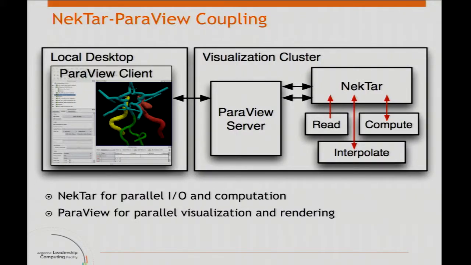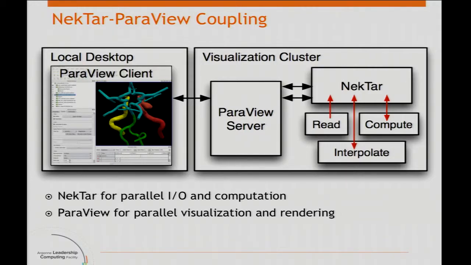Originally, this team had a utility to do this conversion from their spectral element space to VTK, and they would write that VTK out to disk and then read it into ParaView. So I worked with them to write a custom reader plugin for ParaView, which reads their spectral element data directly in its native format, does this conversion on the fly, and pushes the data into the ParaView pipeline.